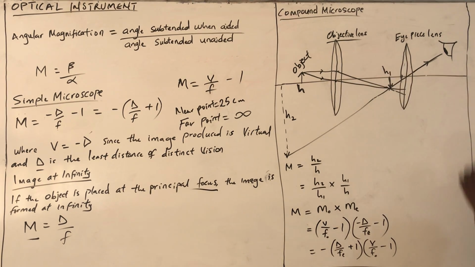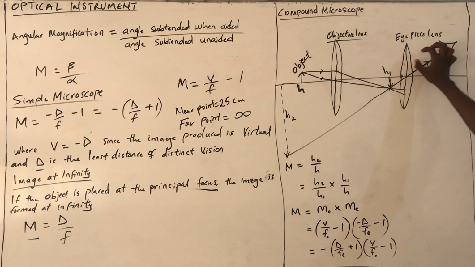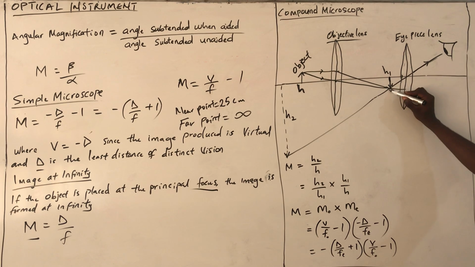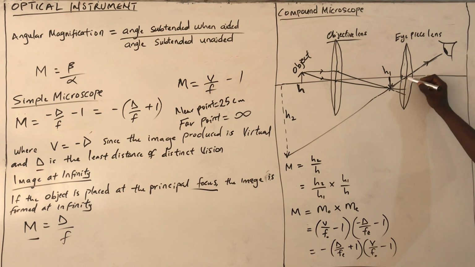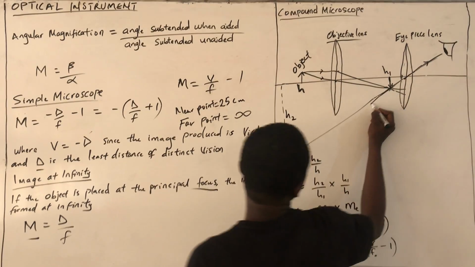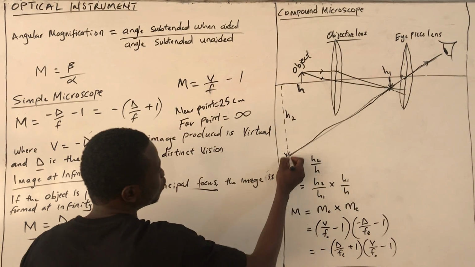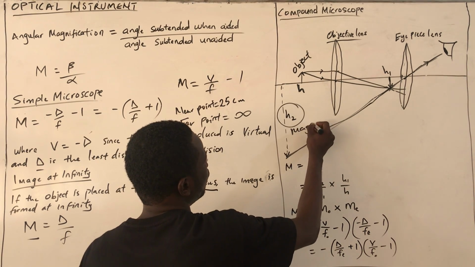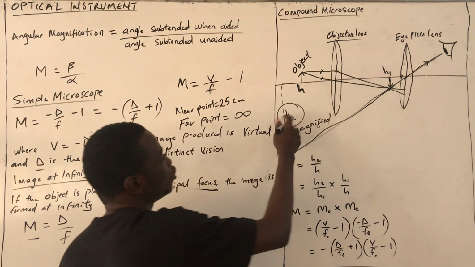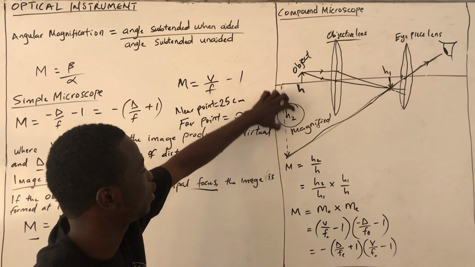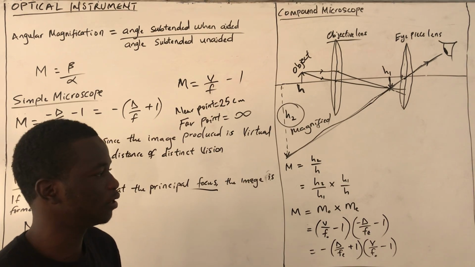This image that is produced will now serve as object to the eyepiece. Then again, rays of light pass through the optical center, and so the image will be produced at this place, which is H2, and it is magnified. Here you can see how small the object is, and look at how much larger the image is.